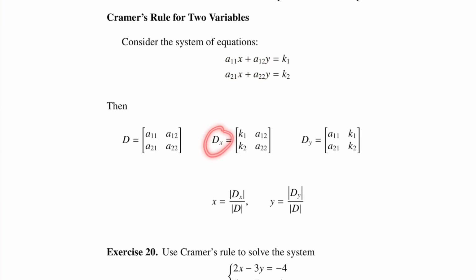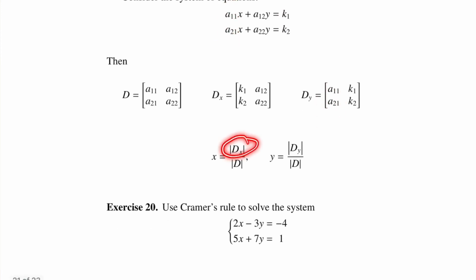D sub x, you replace the x column with the constants, and the y column stays the same. For D sub y, you replace the y column with the constants, and the x column stays the same. Then x is the determinant of D sub x divided by the determinant of D, and y is the determinant of D sub y over the determinant of the D matrix.